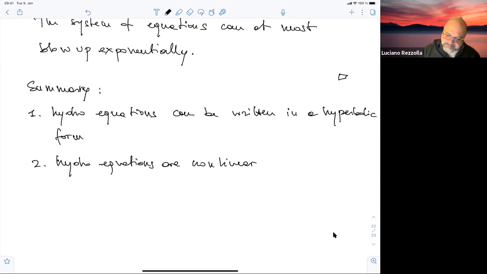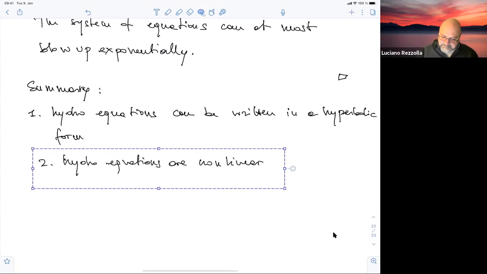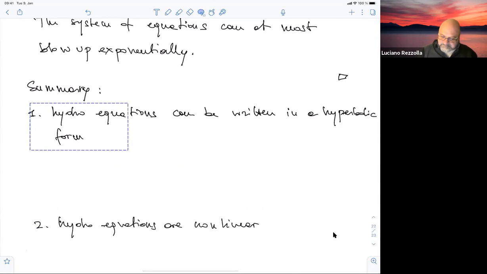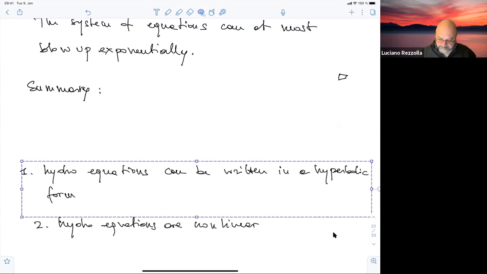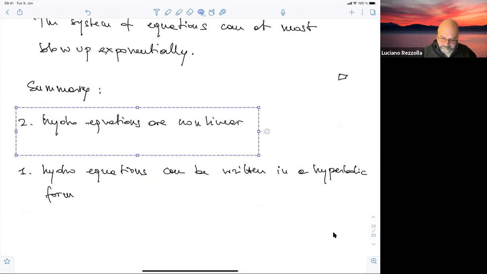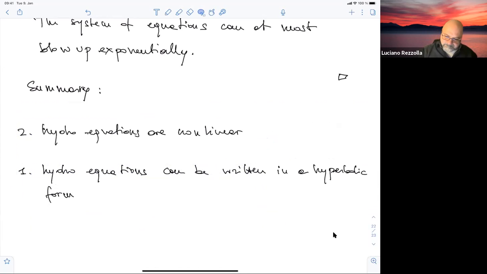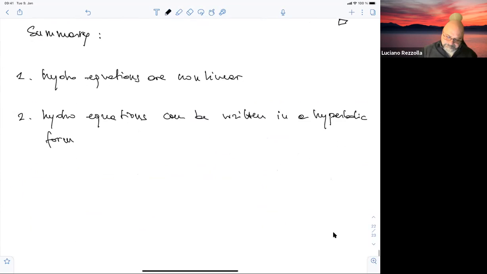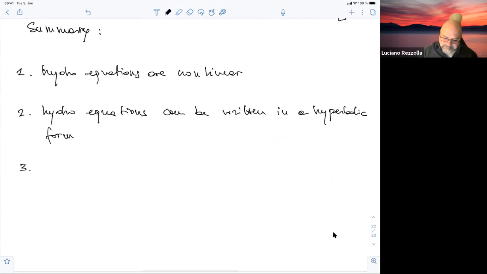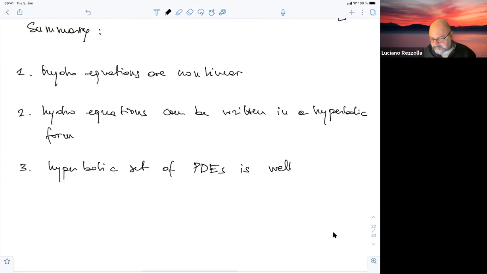Actually, let me invert this. The third one is that a hyperbolic set of PDEs is well posed.